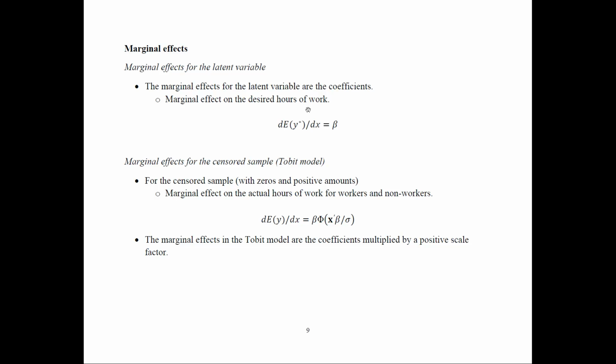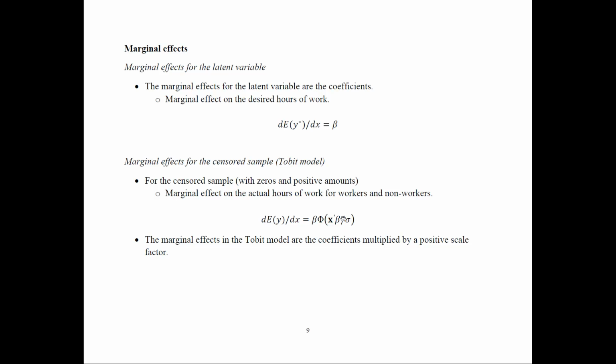The next marginal effects would be for the censored sample in the Tobit model. The censored sample is the one that has both the zeros and the positive amounts. And so the marginal effect on the actual hours of work for both the workers and non-workers would be this effect that we have here.